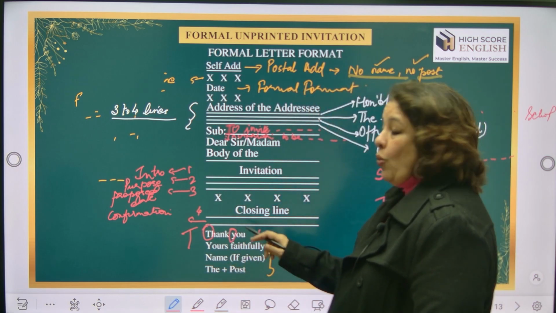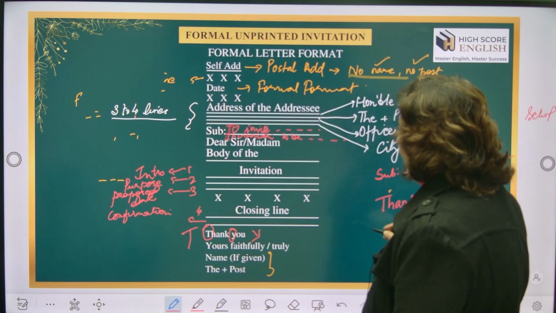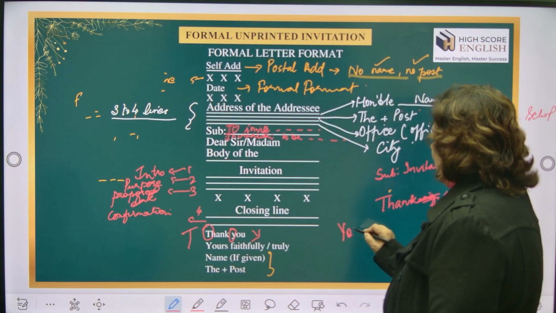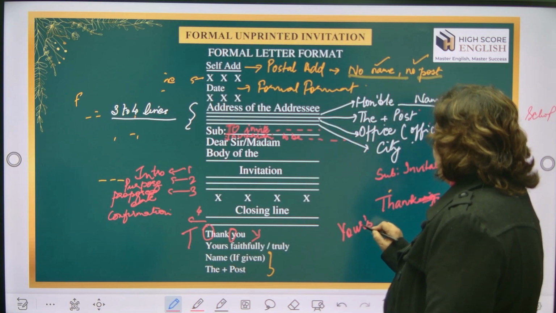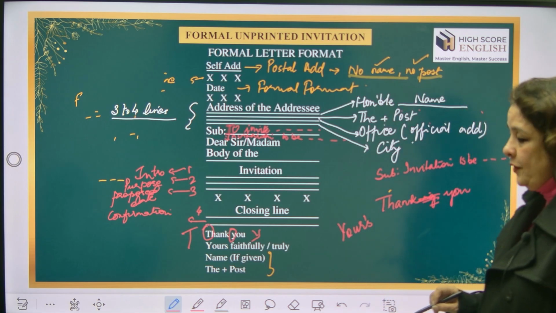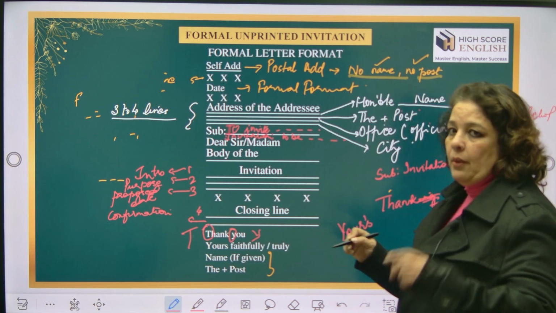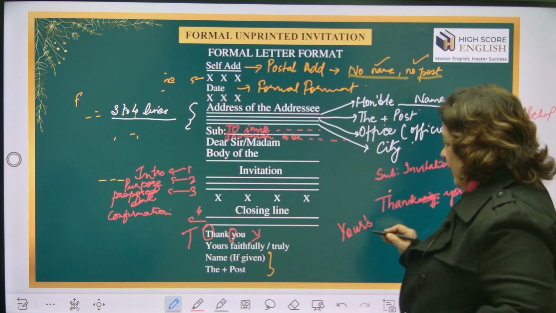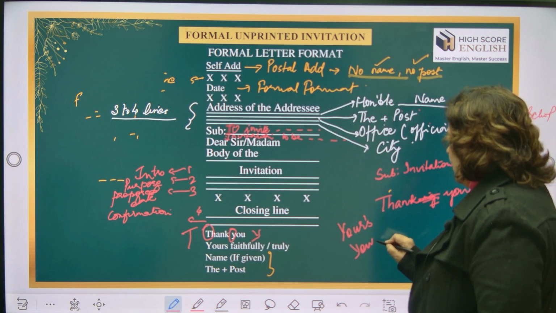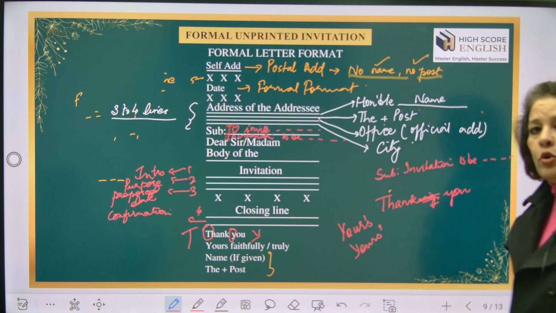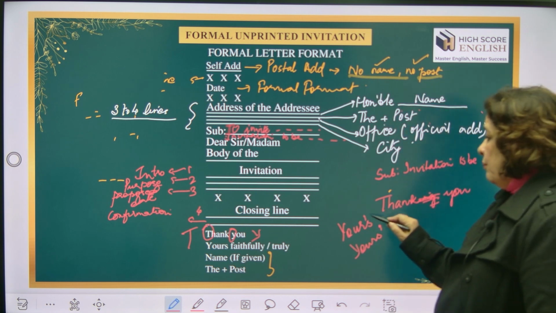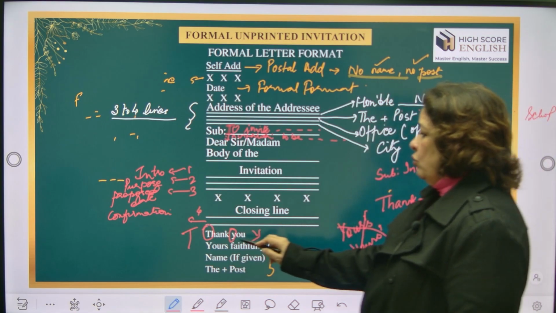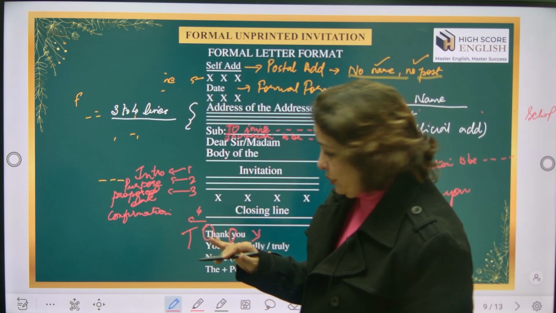You do not write Y in capitals. Okay, now this is a major mistake. Sometimes some students write this way, yours. There is an apostrophe between R and S. Then most of you are writing this way also, apostrophe after S. Both are wrong. There is no apostrophe, it is without apostrophe.